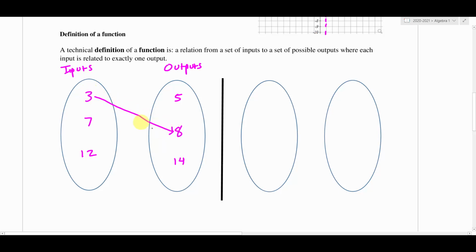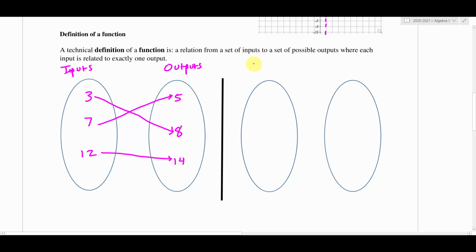Let's say I put a 7 in, and I get a 5 out. This is just a hypothetical function. It doesn't matter what the rule is. I'm just saying 7 goes to 5. And then by default, 12 will go to 14. And this would represent a function because every input goes to exactly one output.